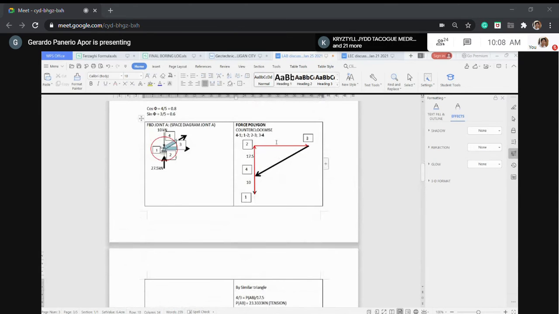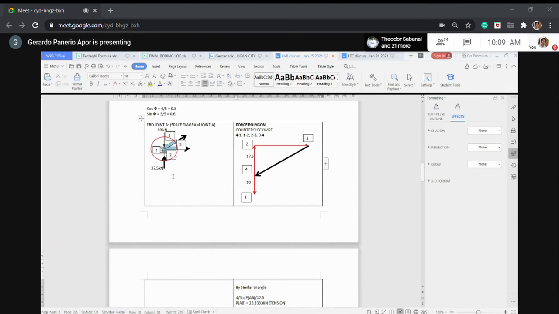You still have the force polygon that closes. The force polygon is a triangulation, and then you follow the angle of the member. There are only two ways that the direction of the arrow of the member will be possible: either compression or tension, or going away or going in.